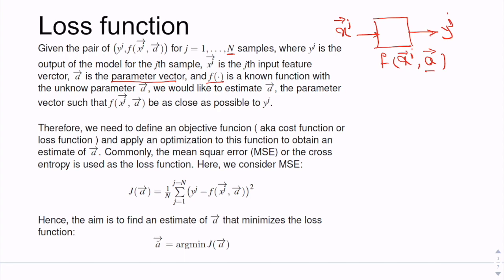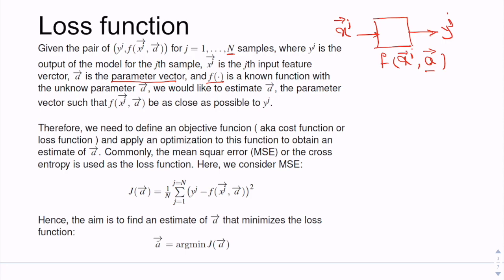Note that when we are designing a classifier, we first make an assumption. We say, okay, the function that maps the input to output should have this form. So we know whether this is a linear function or a nonlinear function. We know the form of this function, but we don't know the parameters of this function.